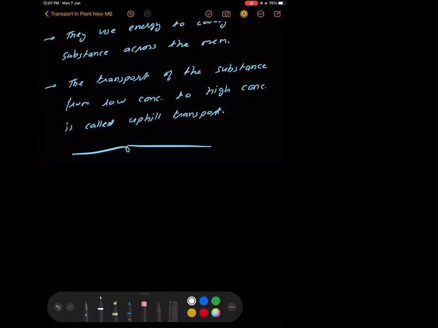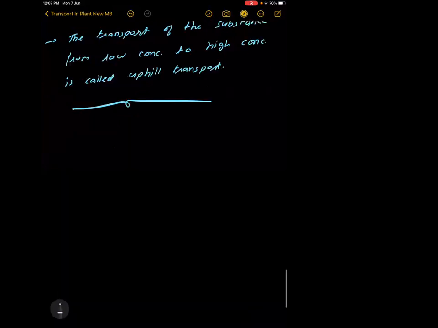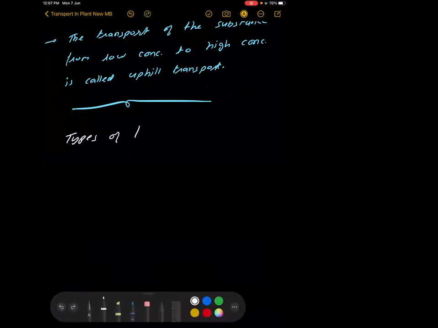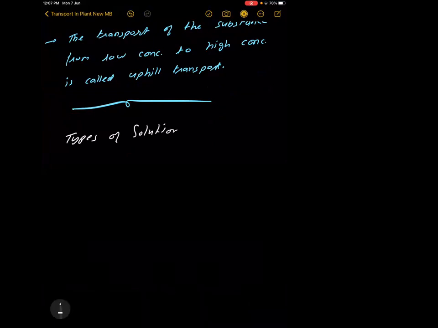Highly concentrated solution, more concentrated solution as compared to the cell.